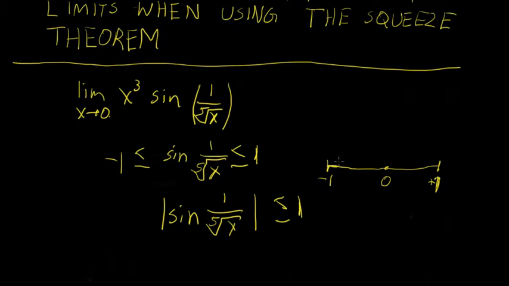That sine of x can be anywhere here in this region, including 1 and -1. And another way to say that is, sine of 1 over the fifth root of x can be anywhere in this region between -1 and 1. Another way to say that is, sine of 1 over the fifth root of x is always less than or equal to 1 unit away from 0.